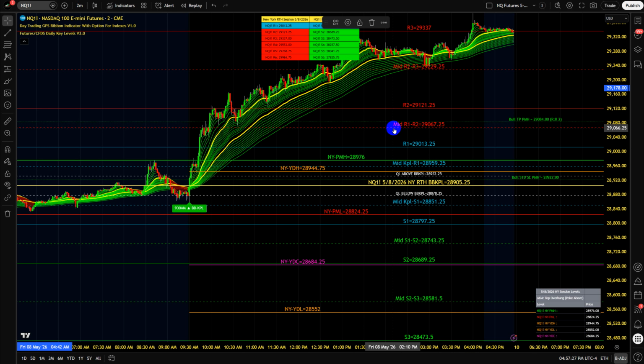Some people like to get into micros because it gives them more flexibility in how they can exit and manage their contracts. Whereas with regular E-minis, it takes quite an account, especially on Nasdaq. It takes a fairly large account size to trade a lot of different contracts that are just regular E-minis.